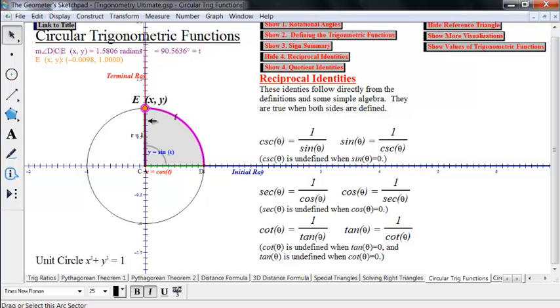So 1 3/4 rotation, that's 1, 2, 3, 4, 5 pi over 2. Then x is 0. I don't have it exactly on that, but it was right on the y-axis where x is 0. And we would have that cosine of theta is defined at 0, but secant of theta is undefined.